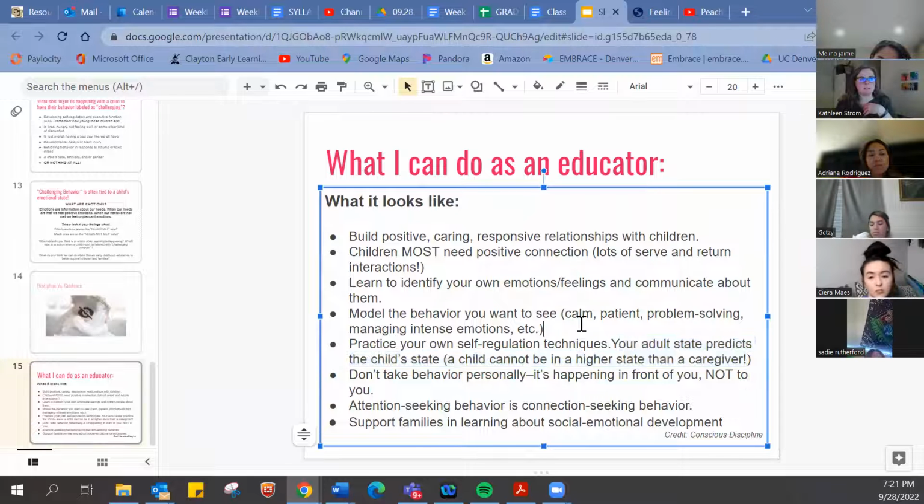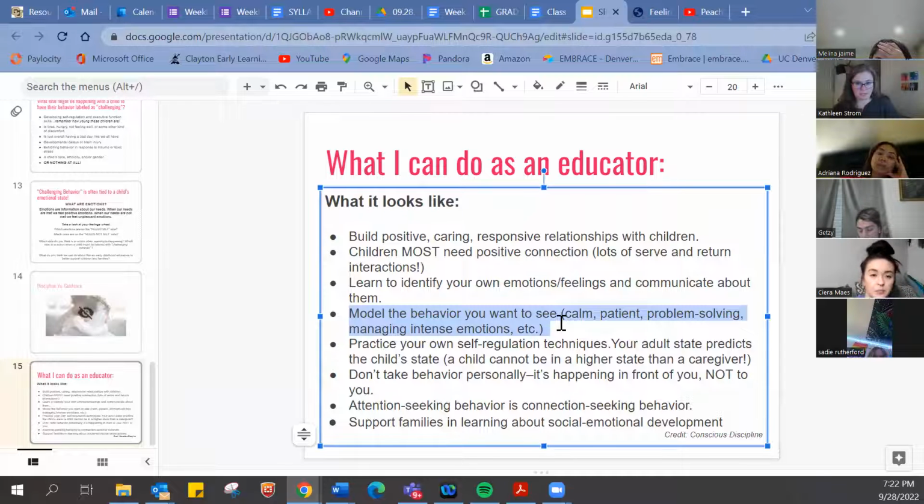And this goes back to self-regulation, but modeling the behavior that you want to see. I think a couple of you referred to that tonight. When children walk into our classroom, or if you're supporting families at home, what kind of behaviors do we want to see?